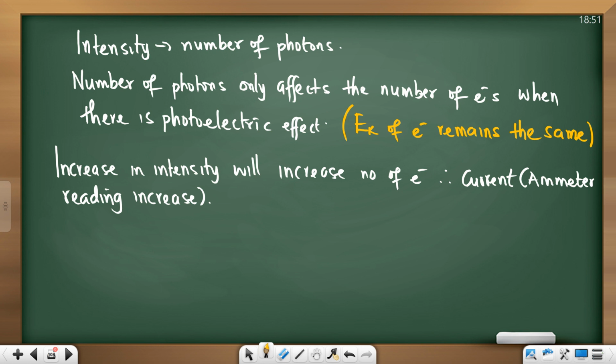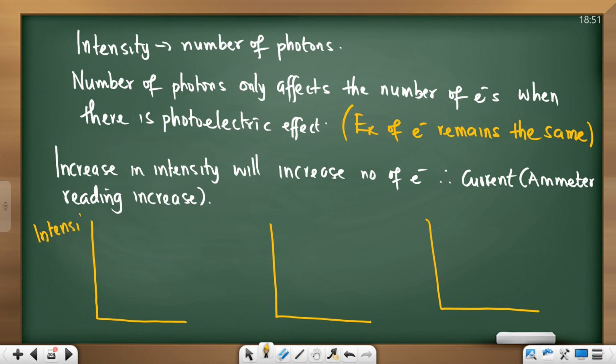I'm going to sketch 3 graphs that the examiner can ask you. The examiner can put intensity here and number of electrons; intensity and current in amps; intensity and kinetic energy of electrons.